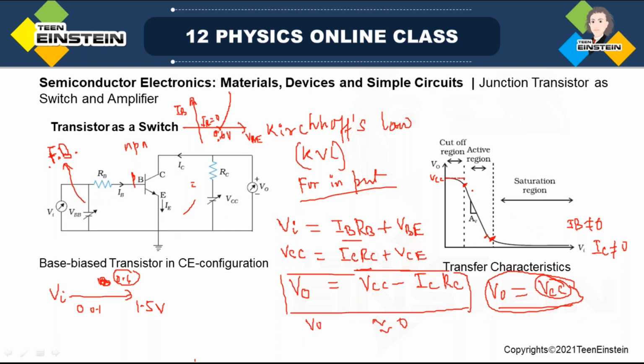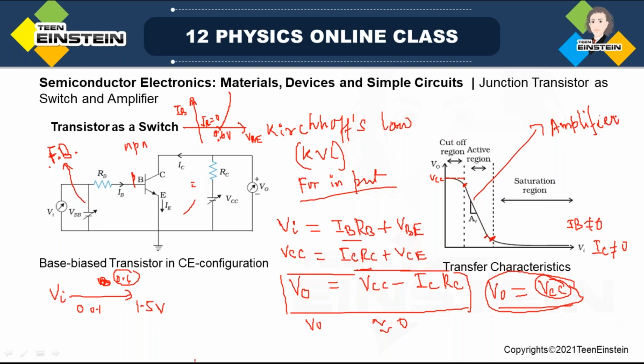This is the active region where we can see the output voltage linearly decreasing. This linear part is called the active region, and the transistor has to be operated in this active region when we want to use the transistor as an amplifier.